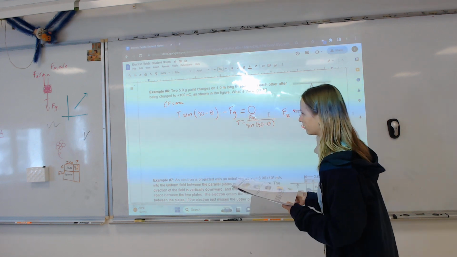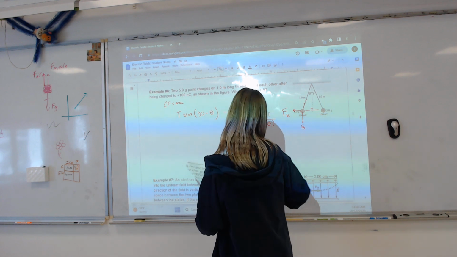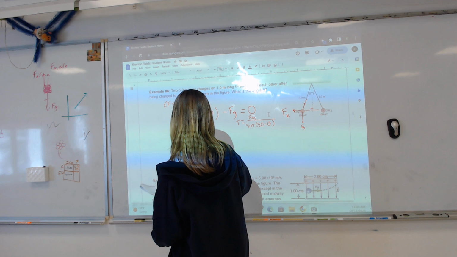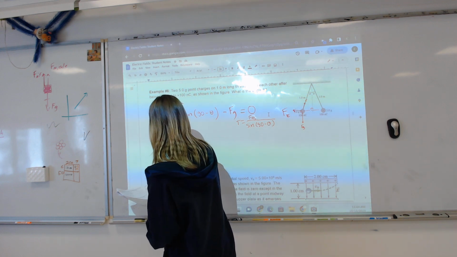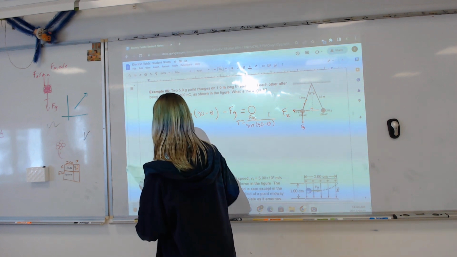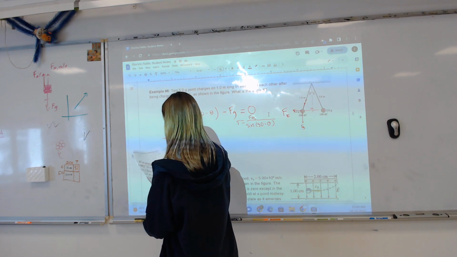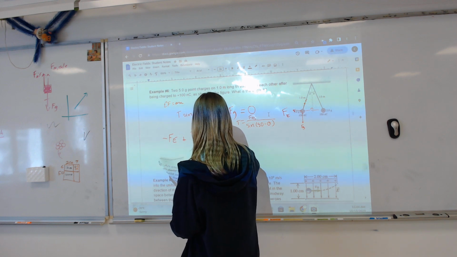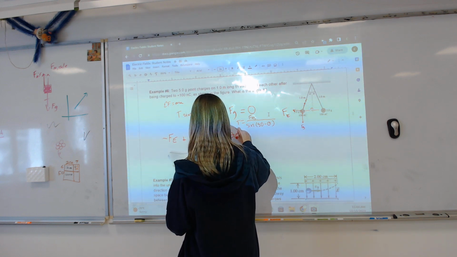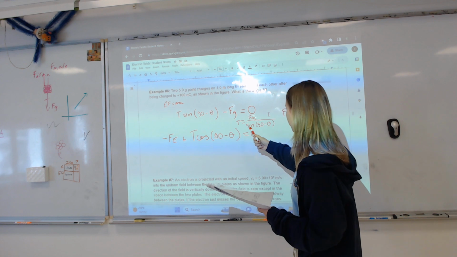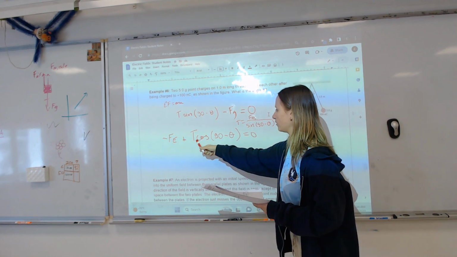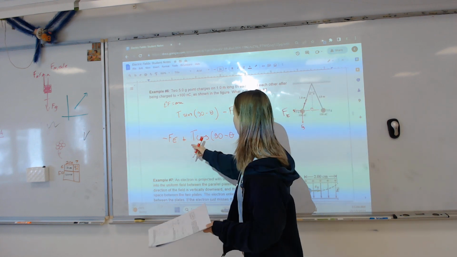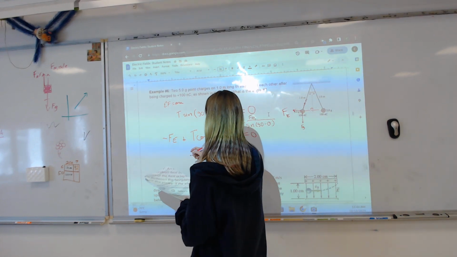And the reason I did that is because then I wrote out the horizontal equation, which would be the electric force to the left plus tension, but this time the other component. So now I can plug in this for tension here, so that I only have one unknown. Well, aside from this, one unknown variable. So that's exactly what I did.